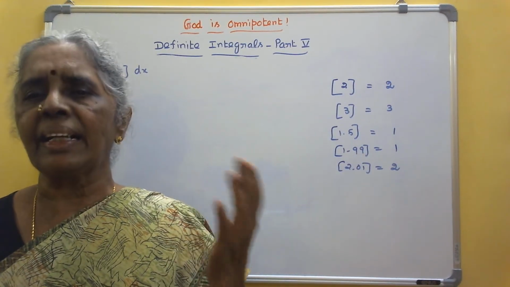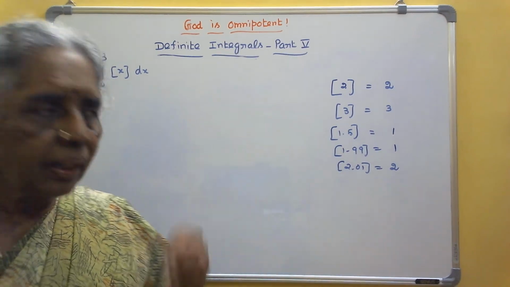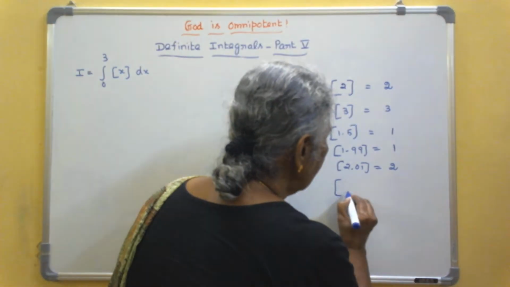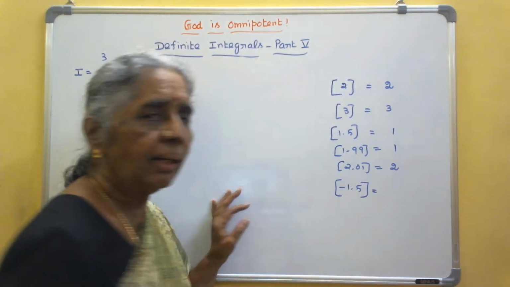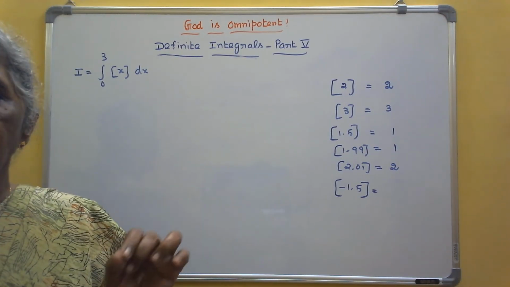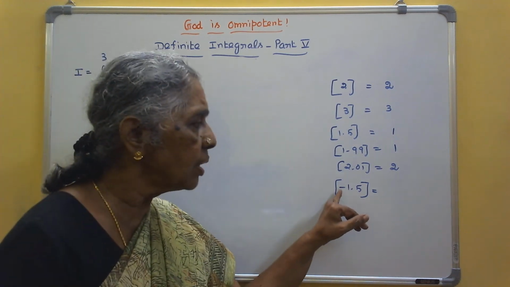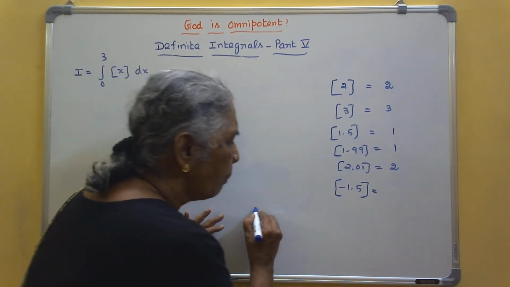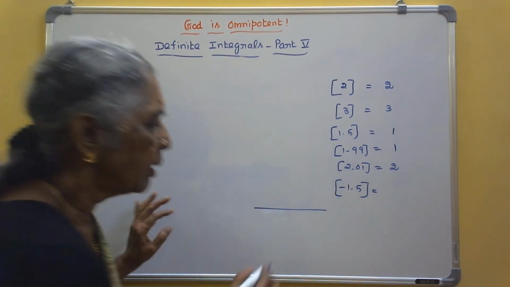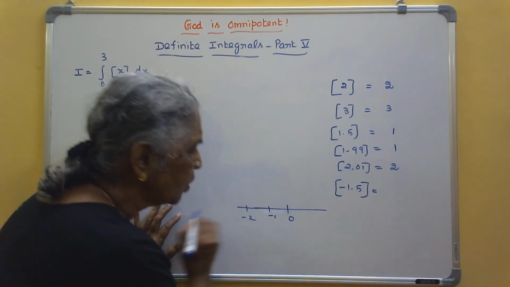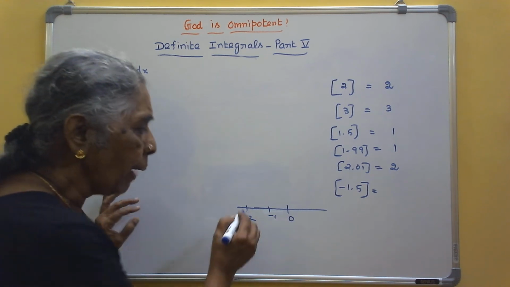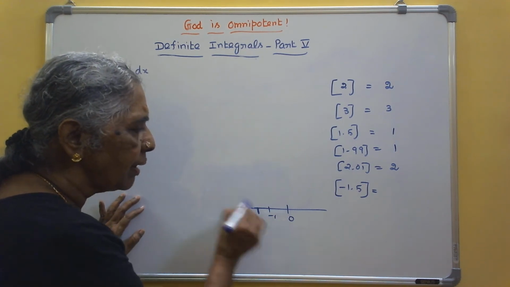Supposing it is a negative number. If you have minus 1.5, then the integral part here is minus 1. You have to remember the number line always. This is 0, this is minus 1, this is minus 2. Minus 1.5 will be here.